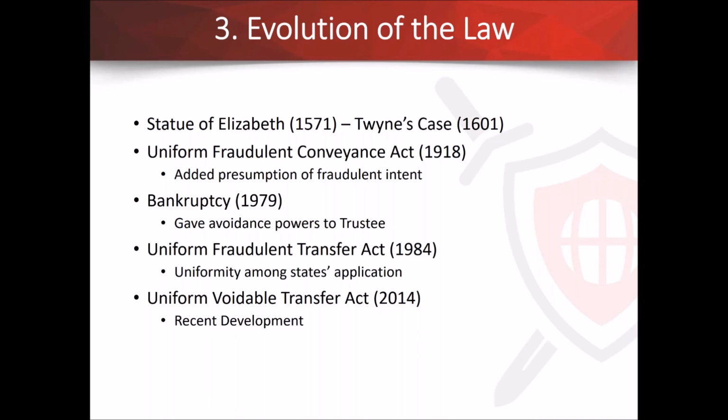But in 2014, there was a new act, what has been termed now the Uniform Voidable, we have a misstatement there, it's actually Uniform Voidable Transactions Act, and notably what's gone from that is the word fraud and fraudulent out of the title, and the idea was to distinguish a fraudulent transfer or a voidable transaction as a statutory remedy from your garden variety fraud.